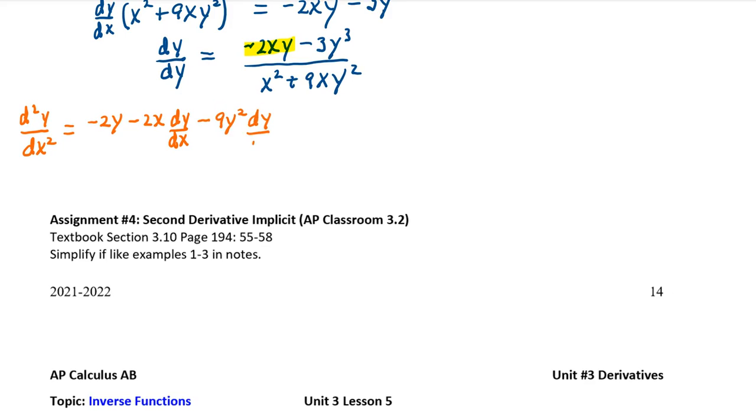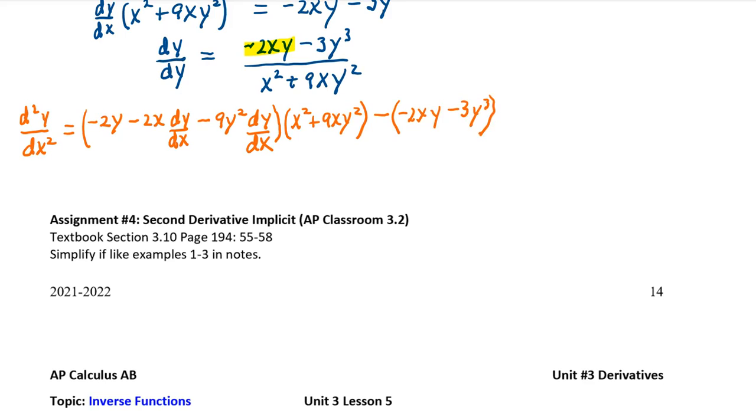That's the derivative of just the numerator. Now I need to multiply all of that by the denominator. That's going to be x squared plus 9xy squared. Then I'm going to subtract the numerator, negative 2xy minus 3y cubed.